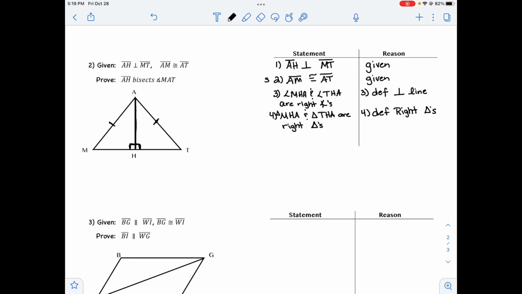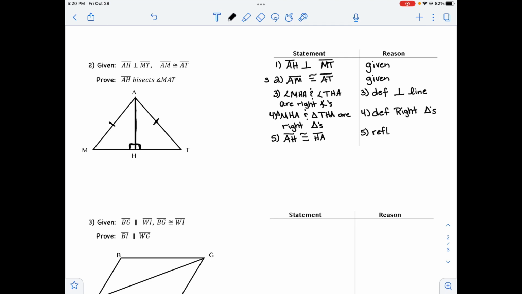When we think about AH, AH can be considered congruent to HA. Okay, and that is because of the reflexive property.